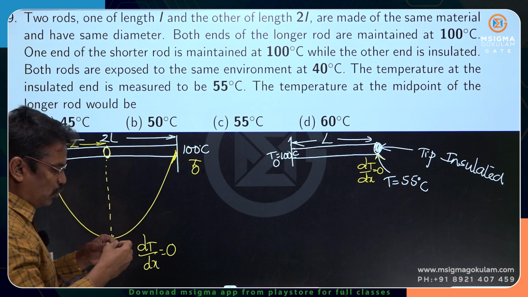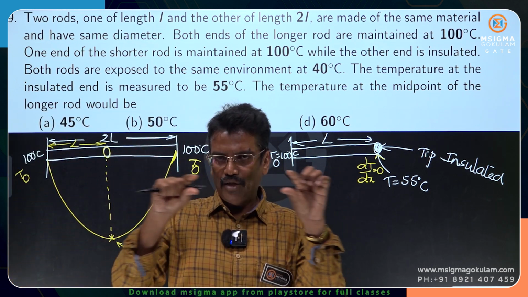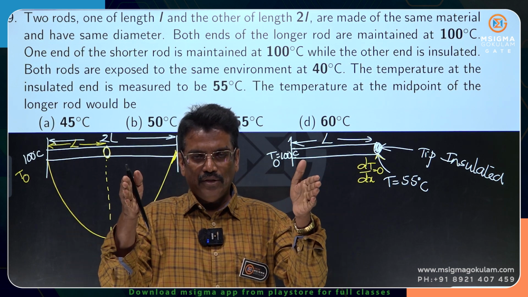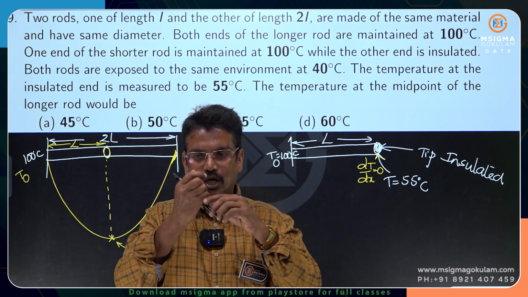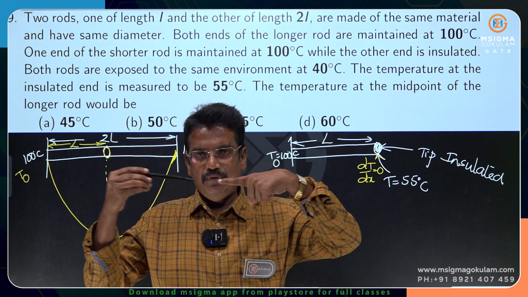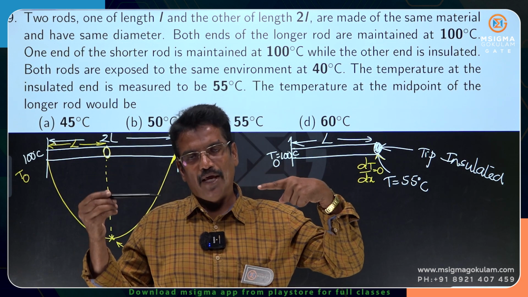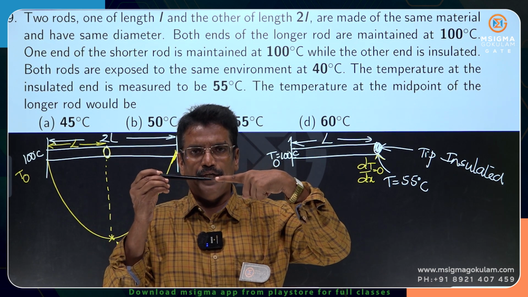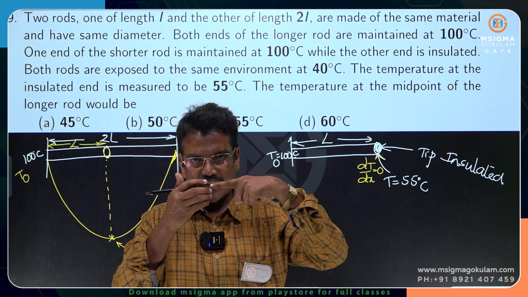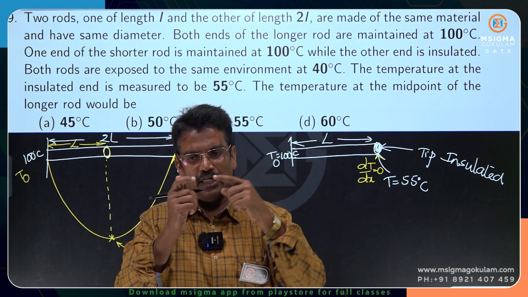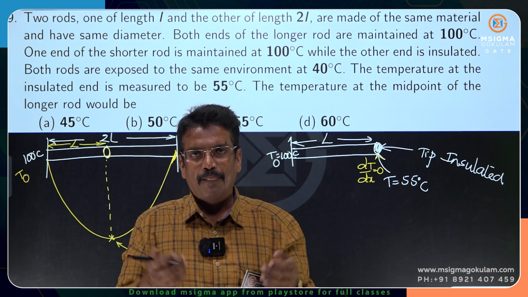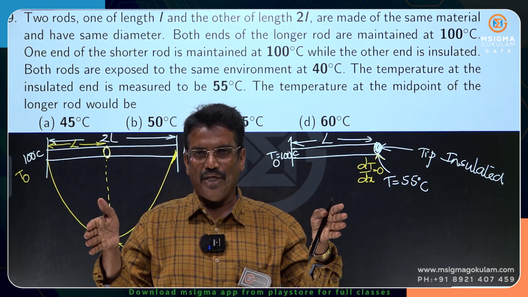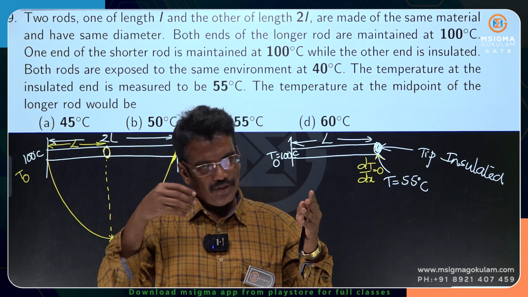Now, if we take two rods of the same length, same diameter, same base temperature, and attach them end to end, there cannot be any conduction at this section, because the temperatures at this section are the same. Same root temperature, same ambient temperature, same material.